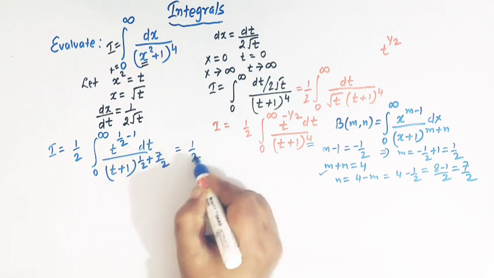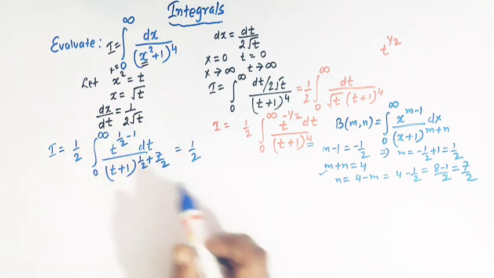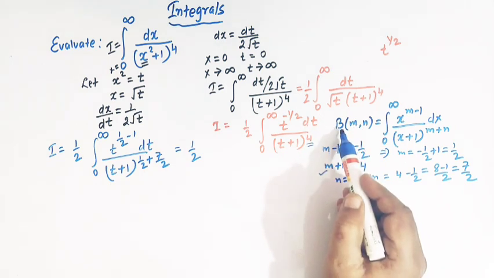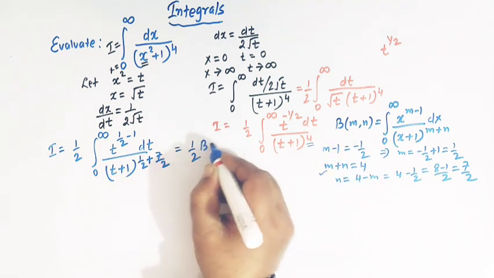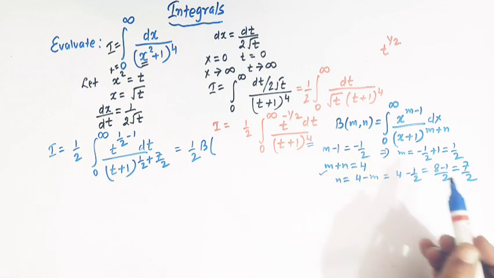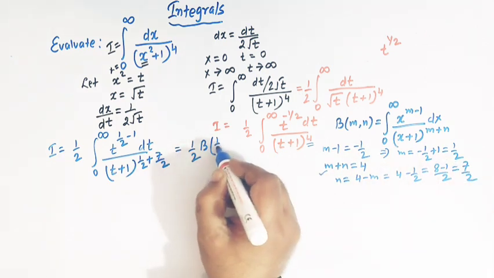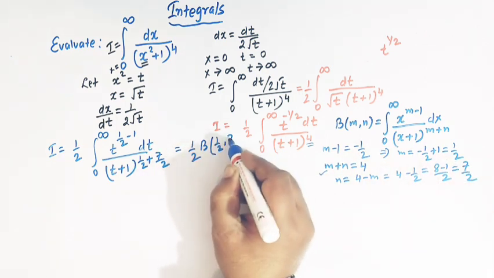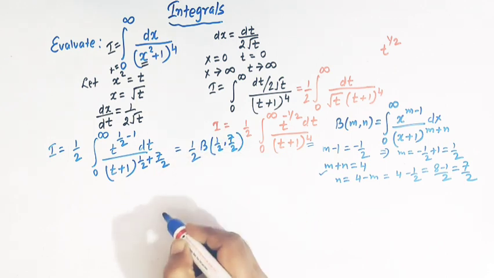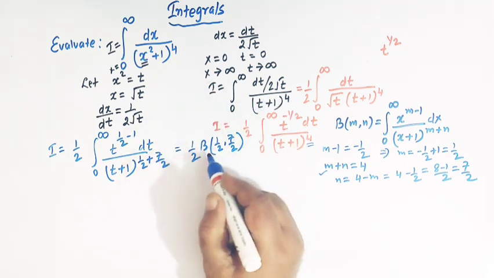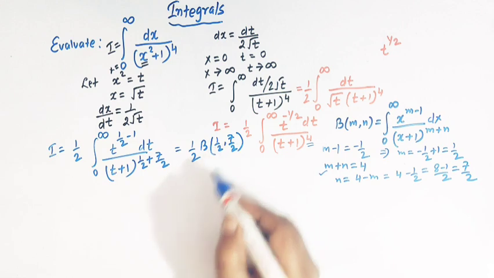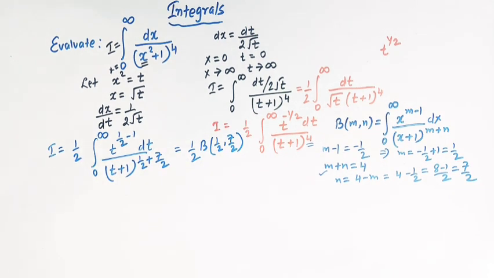So now this integral is equal to the beta function, that is beta of m comma n. M is half and n is 7 over 2, right? So now we have to find the value of beta half comma 7 over 2.